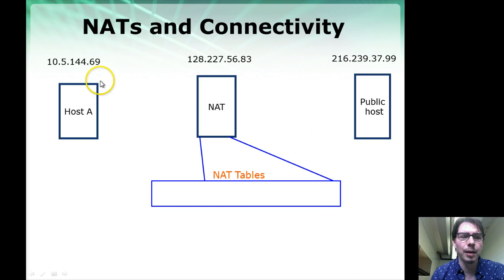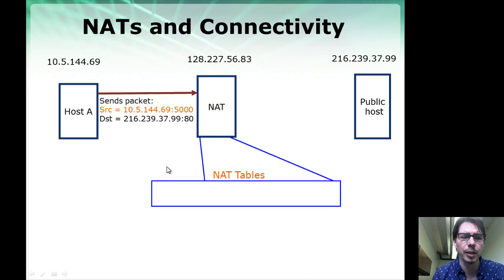So in this example, we have a host with a private address that uses a NAT to connect to another public host. So this is typically a client, like a web browser. This is typically a web server. And in client-to-server interactions, this is typically done transparently with the use of a NAT.